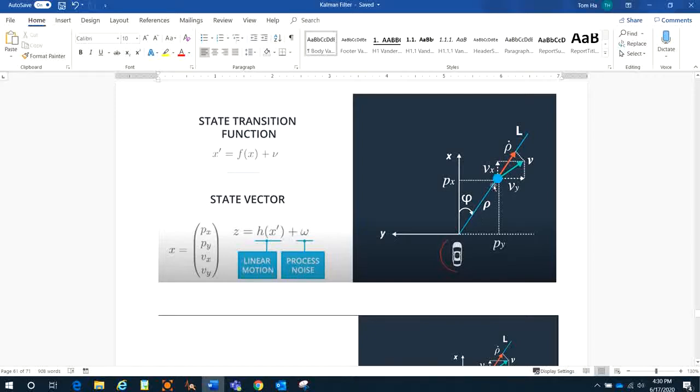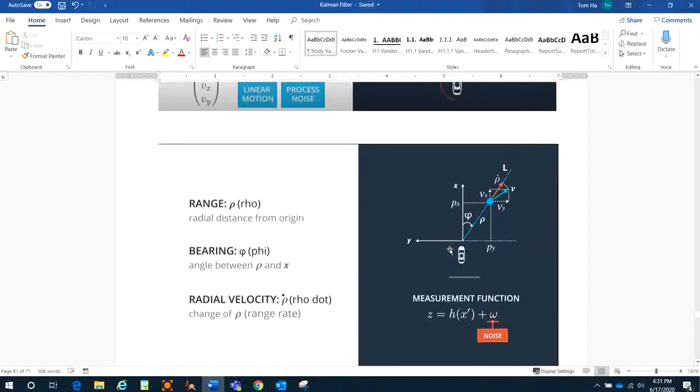Rho right here is the radial distance from the origin to the object. We also have phi, the angle between rho and the direction of motion of the vehicle.